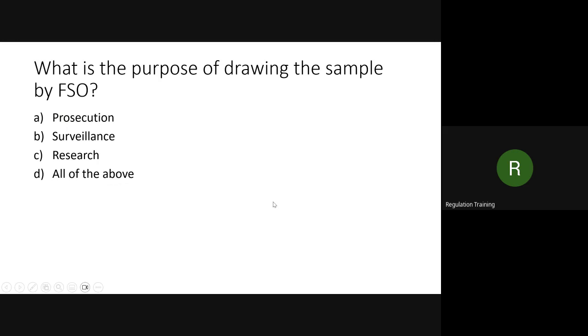What is the purpose of drawing a sample by the FSO? Now in these questions, I am not specifying whether it is legal or surveillance, I am saying just FSO. Whenever the FSO is collecting a sample, what can they do with that sample?